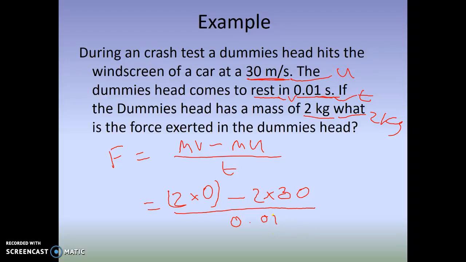So 2 times 30 is 60, divided by 0.01 gives us a force of 6,000 newtons. So a very large force. When your head hits a windscreen at 30 meters per second, which is pretty fast, you experience an extremely large force.